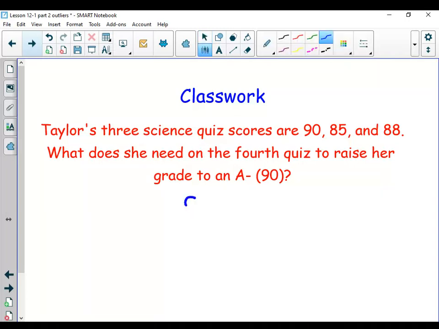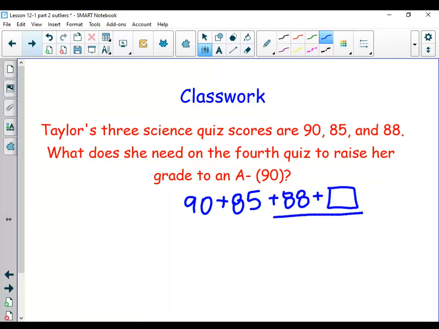So Student View took Taylor's 90 and her 85 and her 88, and then the fourth quiz is coming tomorrow, and divided by 4. Now Taylor is at a B plus, and she really wants her grade up to 90 so she can have an A minus.